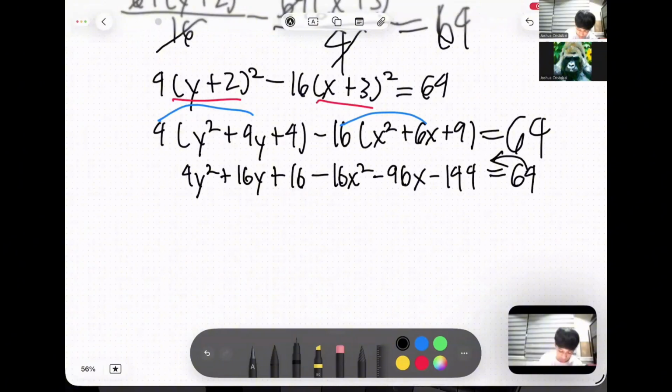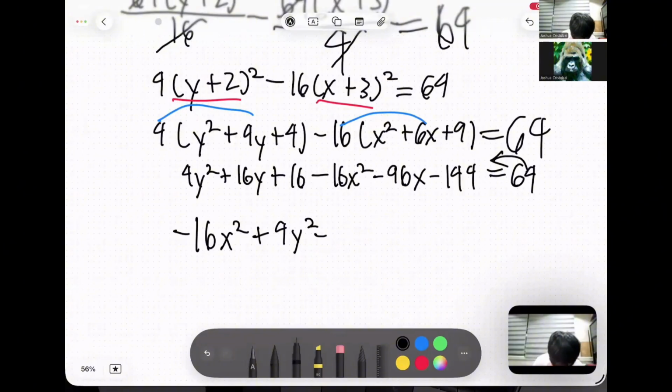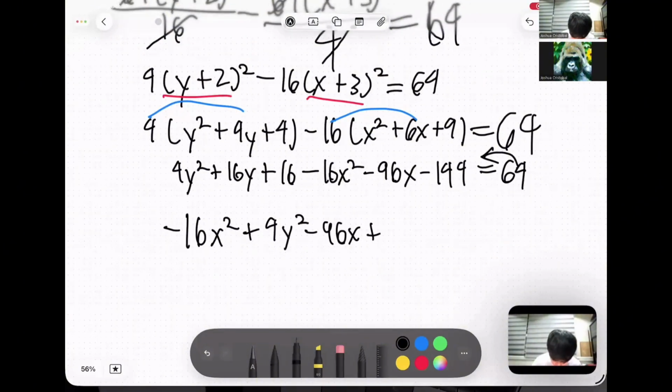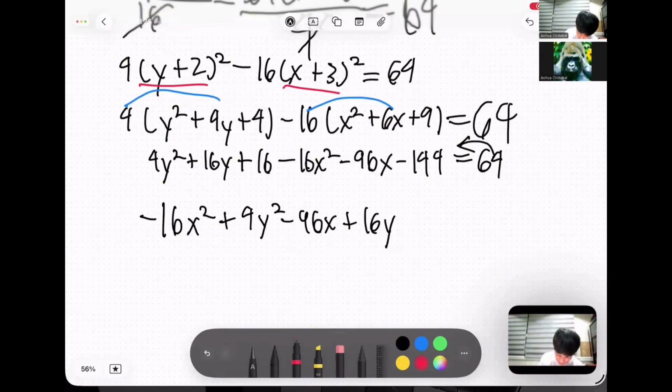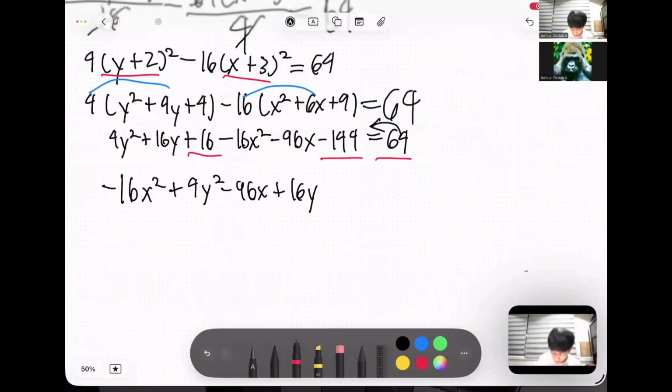So let's solve. This will become negative 16x squared plus 4y squared minus 96x plus 16y. Then just combine all of these constants: 16, negative 144, and negative 64.